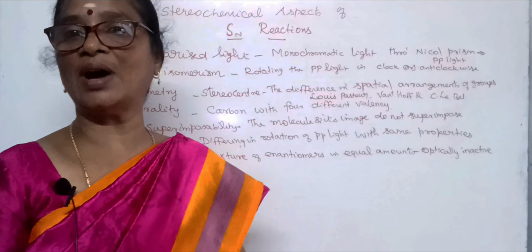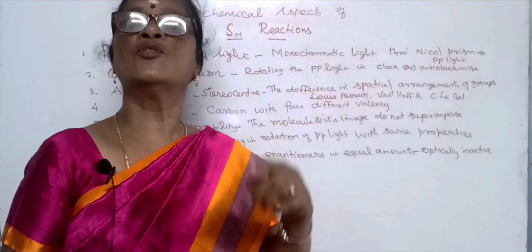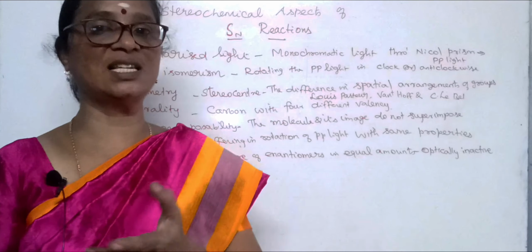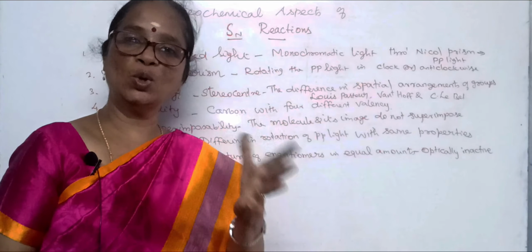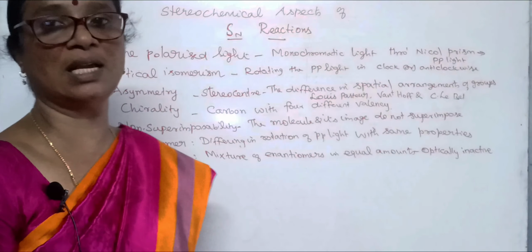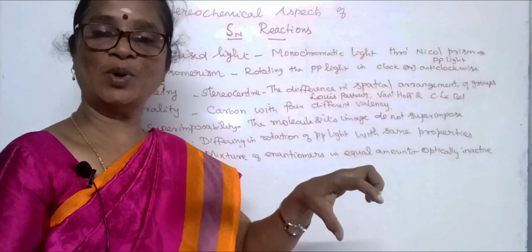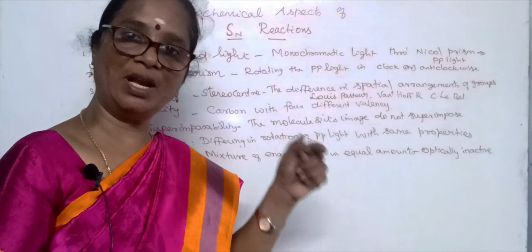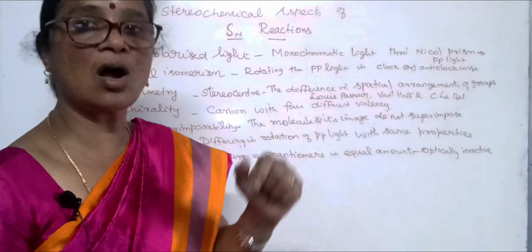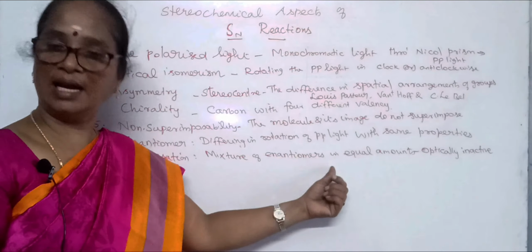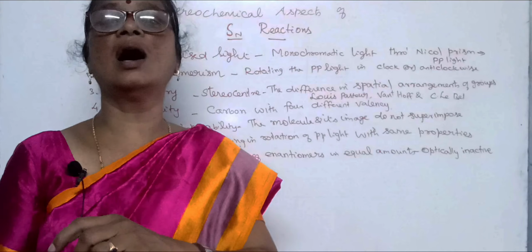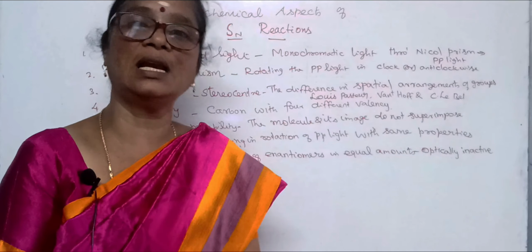If all four valencies are satisfied by four different groups, then the carbon is said to be an asymmetric carbon, because it loses its plane of symmetry, or it is also known as a stereocenter. About this carbon, the four different groups change their spatial arrangement. Such a compound having an asymmetric carbon is termed chiral, and the carbon is known as a chiral carbon.